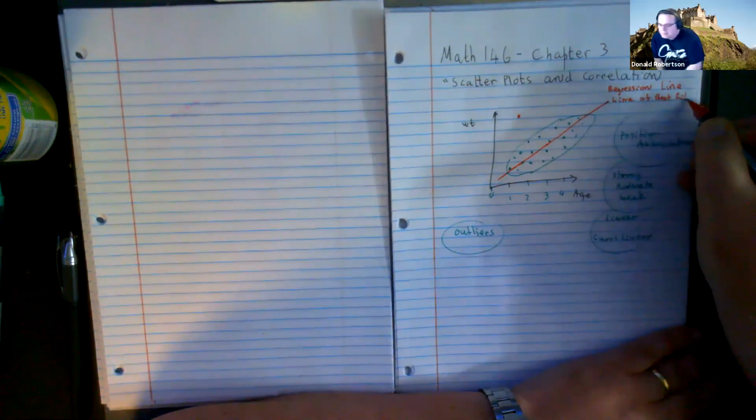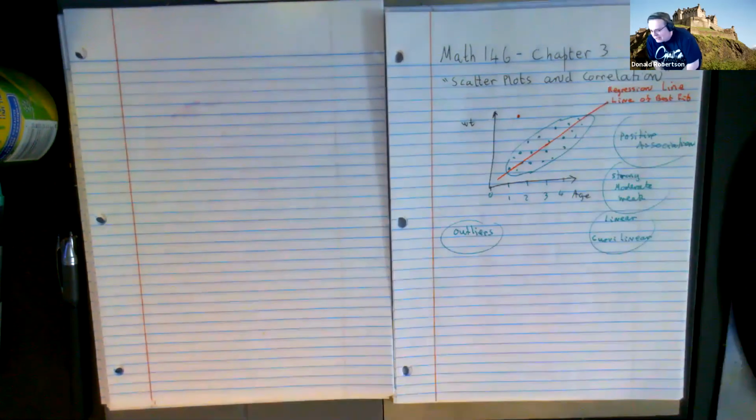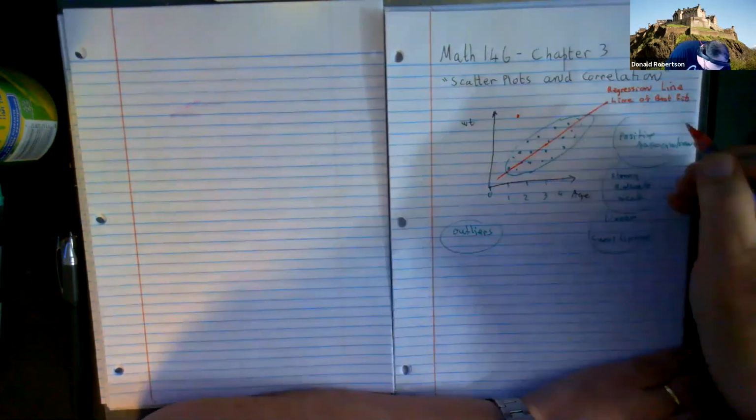It's called the regression line, which is okay, I don't mind that name. It's called the line of best fit. I've seen that in textbooks. I kind of like that name. It's a line of best fit. And the last one I do not like. It's called the least squares line.